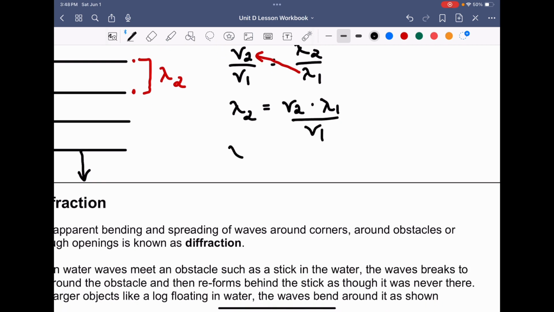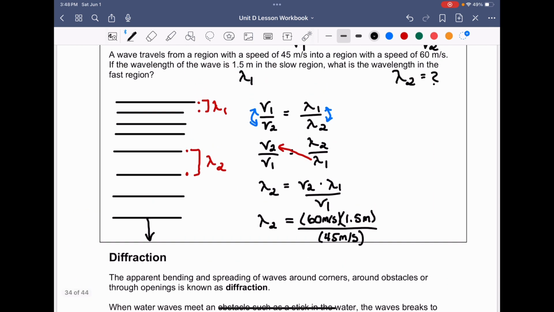Now, plugging in all the numbers here, lambda 2 is equal to the speed in the second region, which was 60 meters per second, times the wavelength in the first region, which was 1.5 meters, and then divided by the speed in the first region, that 45 meters per second. Okay, now when we do the math here, let's make sure we get a specific number.